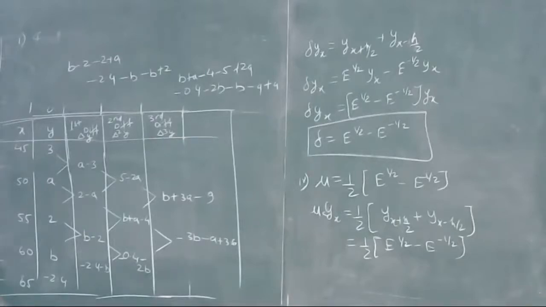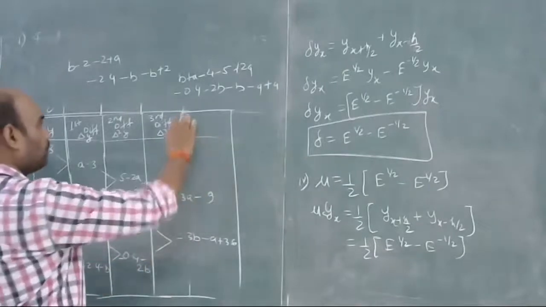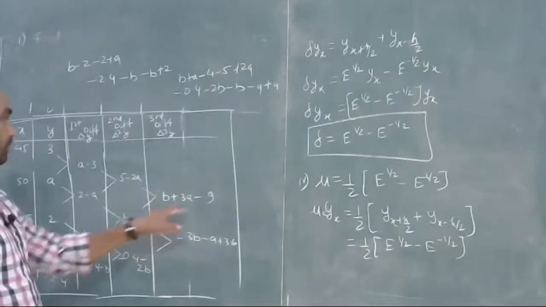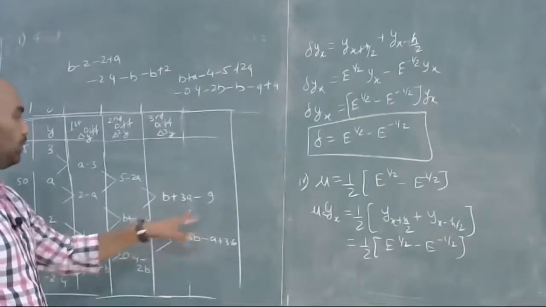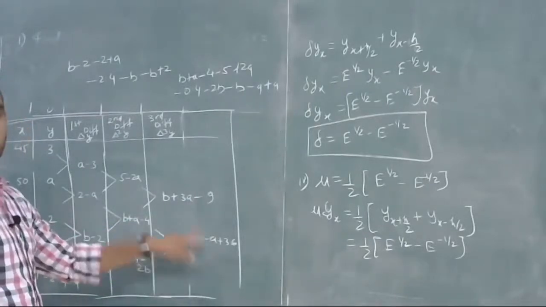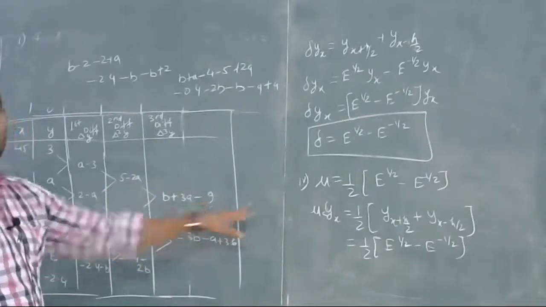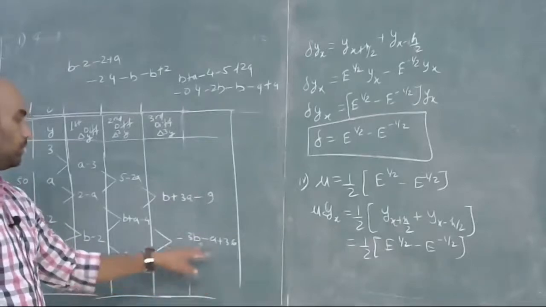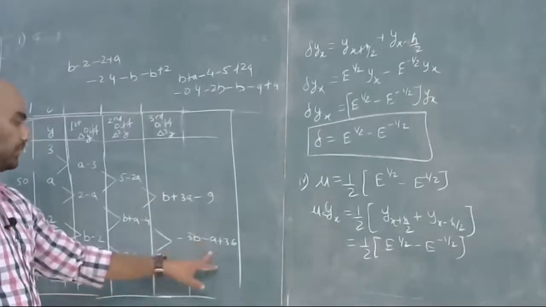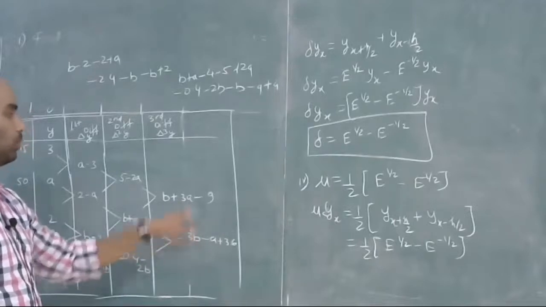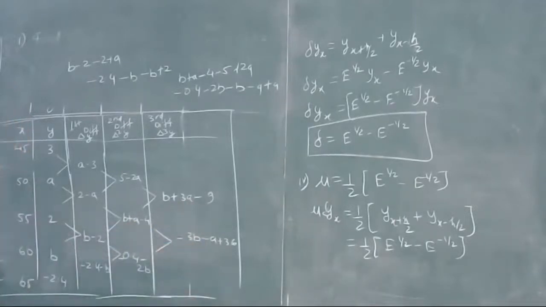Okay, so we will stop here. No need to find the fourth difference, because we have to find the value of a and b. Okay, so what we have assumed, the higher order difference is equal to 0. So we require two equations involving a and b, so we can find the values of a and b.